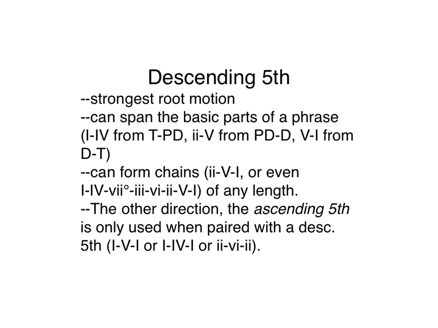The other direction, the ascending fifth or descending fourth, is only used when it's paired with a descending fifth. For example, when we have a 1-5-1, then we have an ascending fifth followed immediately by a descending fifth.